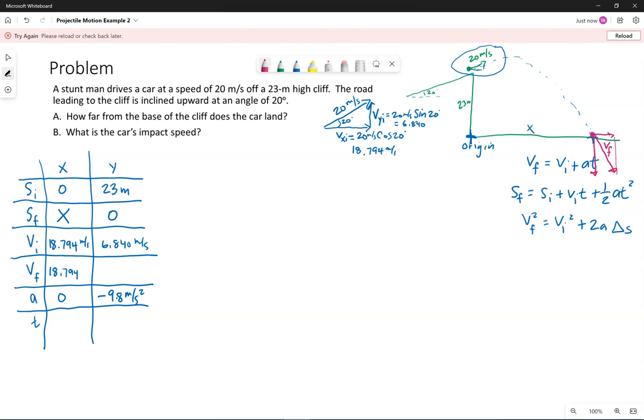So we will need to find Vy final and use the Pythagorean theorem to find the hypotenuse that represents the length of that final speed overall. It doesn't actually matter what order we answer these questions in, but let's just start looking at equations.